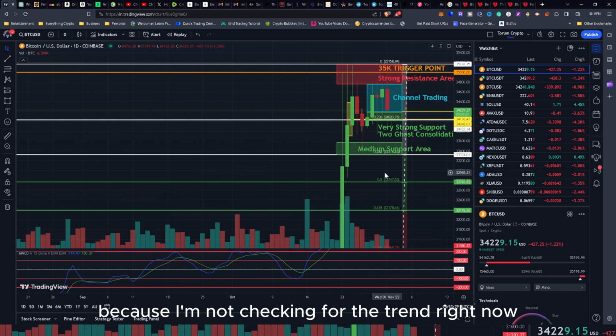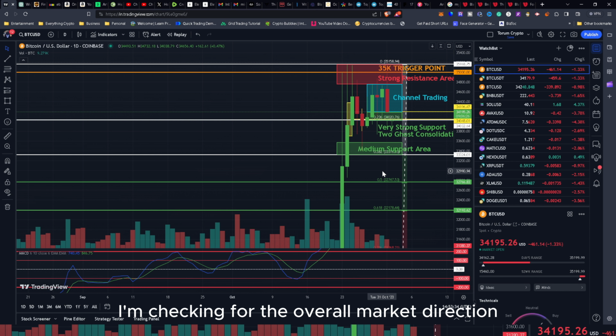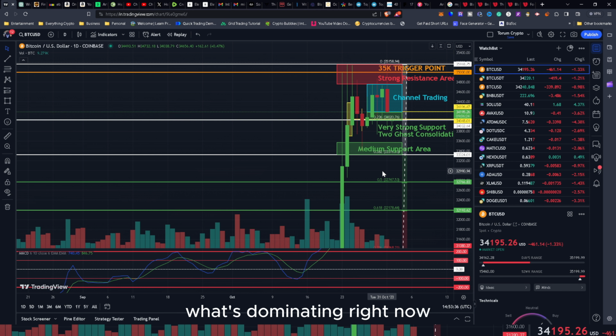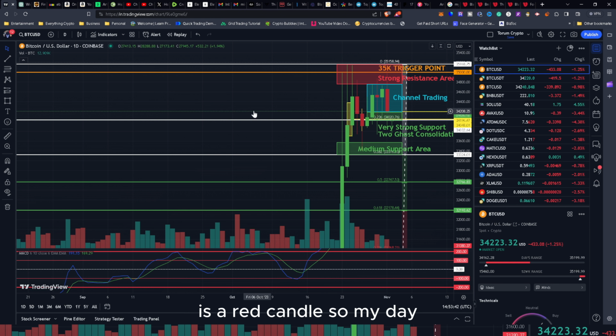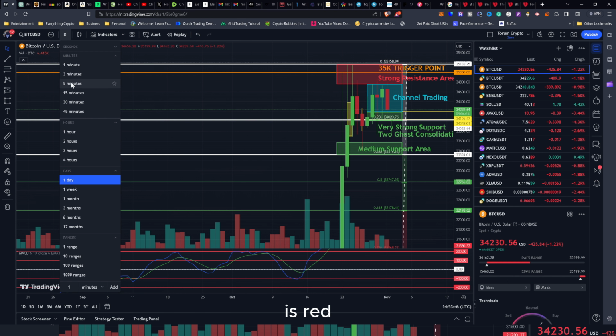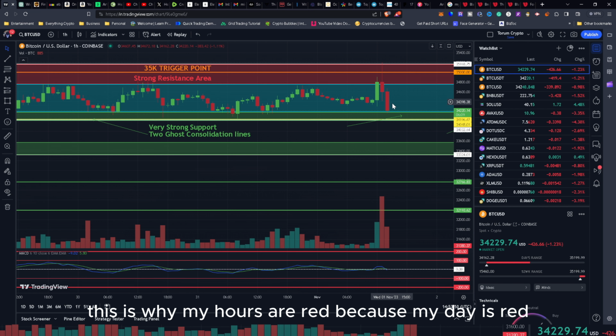Because I'm not checking for the trend right now. I'm checking for the overall market direction, what's dominating right now. What's dominating right now on regular candles is a red candle. So my day is red. This is why my hours are red, because my day is red.